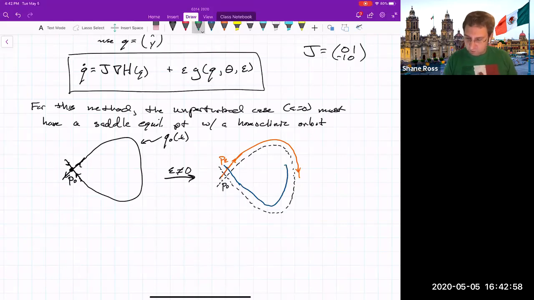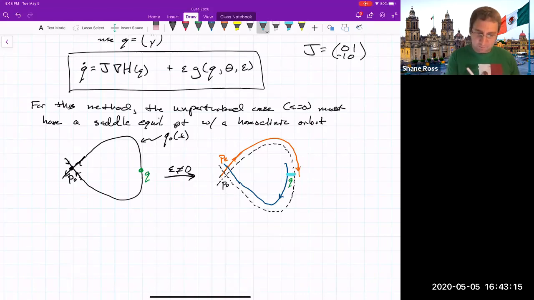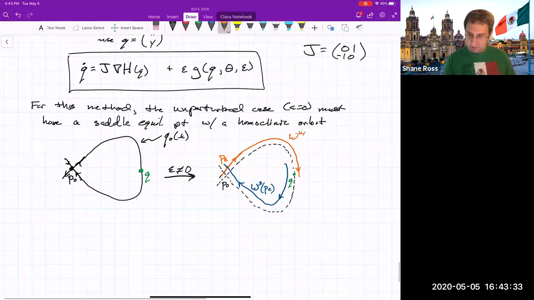We pick a point Q, usually on some kind of point of symmetry, and then we're looking at the distance between the stable and unstable manifold for the perturbed case. So this is the stable manifold, and then this orange thing is the unstable manifold, and we are looking at a distance.